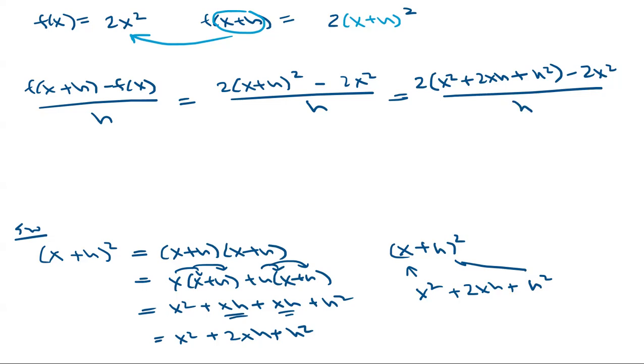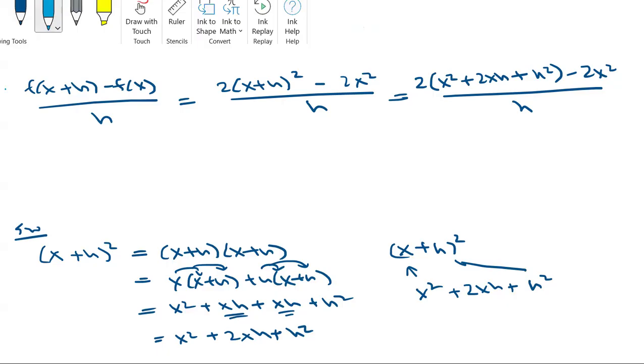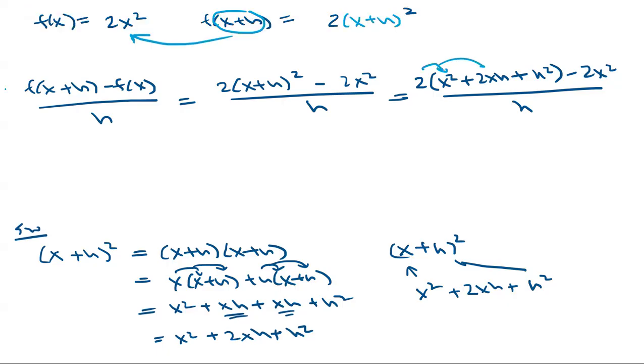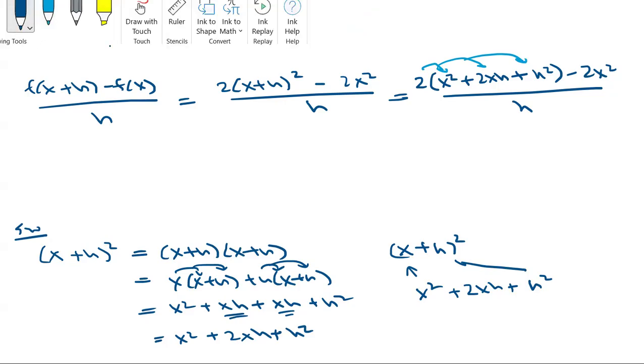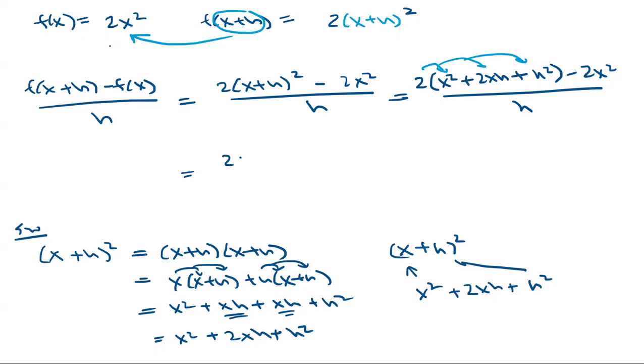Now, if we distribute that 2 to each term, we're going to get 2x squared plus 4xh plus 2h squared minus 2x squared divided by h.